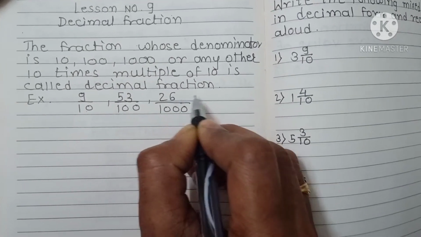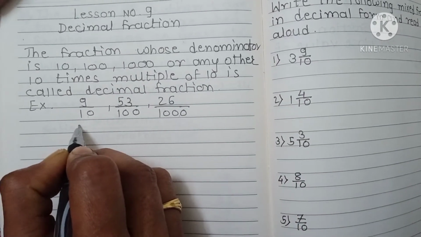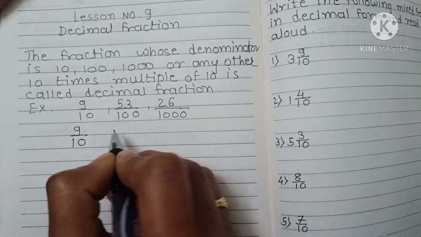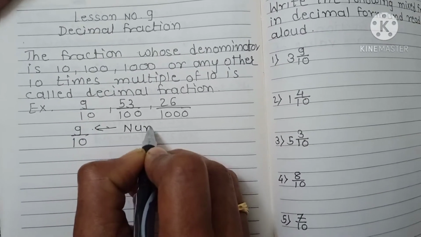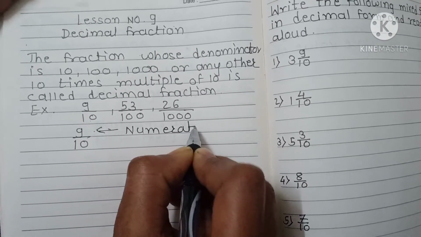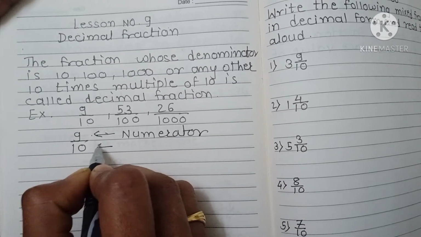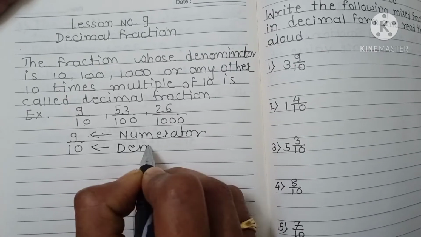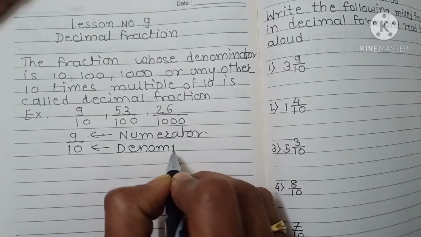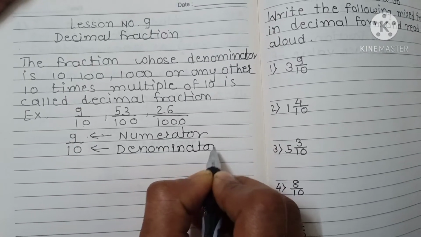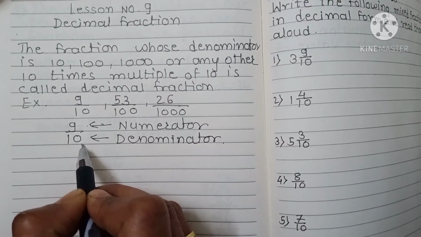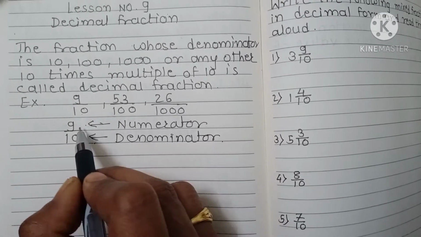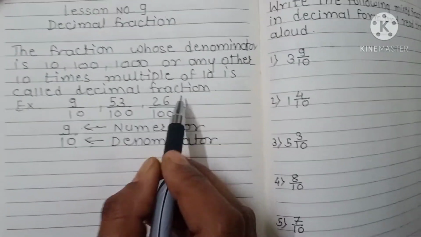In the fraction 9 upon 10, 9 is the numerator and 10 is the denominator. So you have to remember that whenever the denominator is 10, 100 or 1000, such a type of fraction is a decimal fraction.